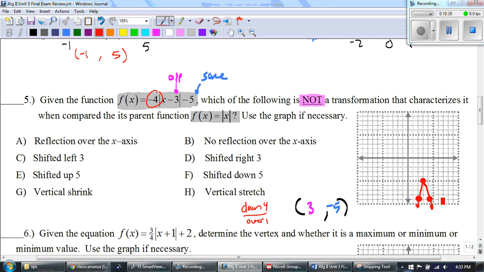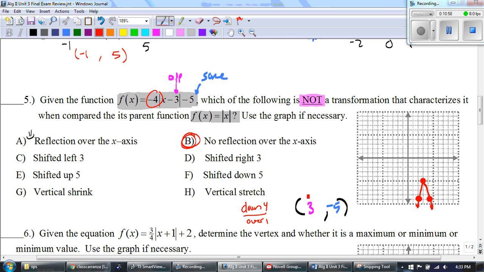So is there a reflection over the x-axis? Yeah, there's a reflection. But which one is not? So if there is a reflection, that means there is no reflection. That's the one that is not happening. All right? Did we shift left or did we shift right?